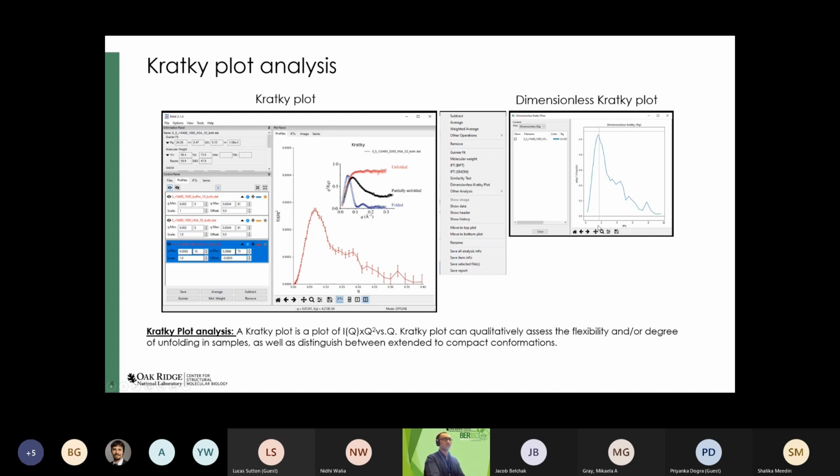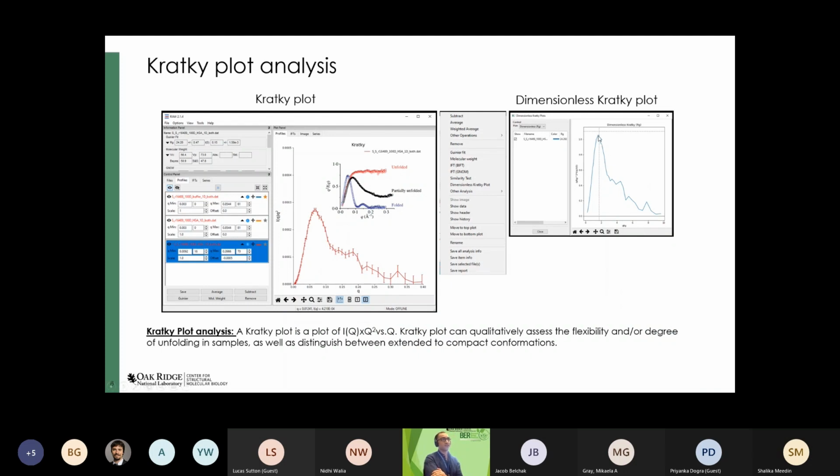So you normalize by RG, and for a very globular structure like a sphere, the dimensionless Kratky plot is going to have a maximum of 1.1. The bell here is going to have a maximum of 1.1 at 1.73 Q by RG. That is true for all globular proteins.